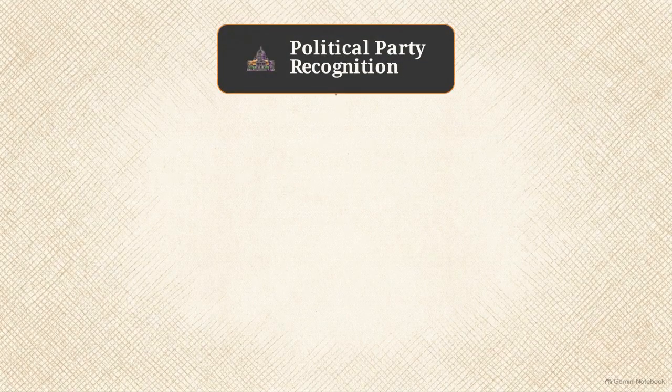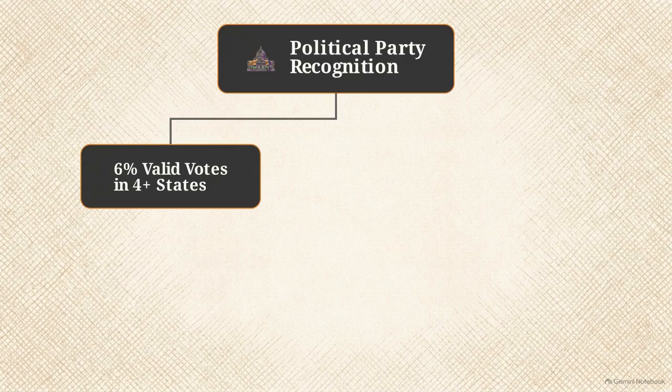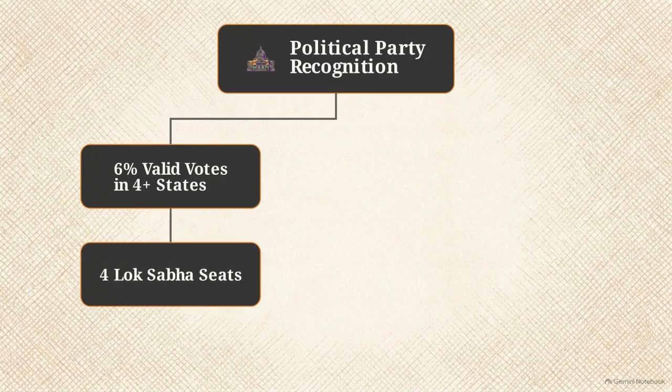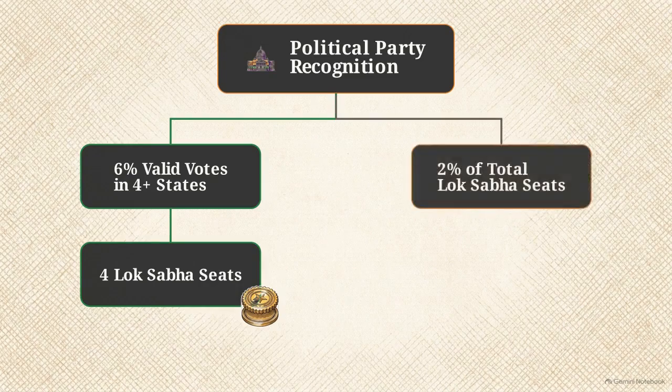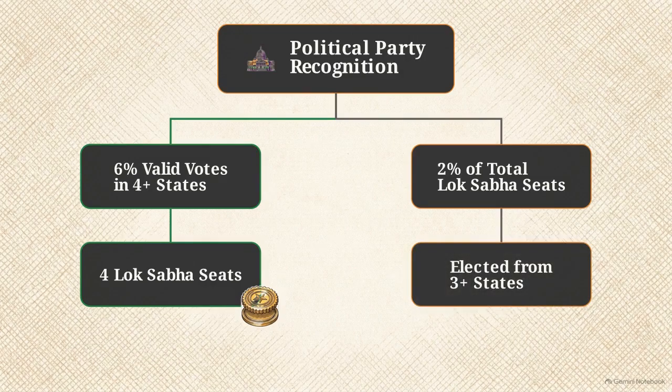The primary threshold to become a recognized national party requires securing 6% of valid votes across at least 4 states, plus winning a minimum of 4 Lok Sabha seats. There is an alternative pathway. A party can also qualify by winning 2% of the total Lok Sabha seats, provided those candidates are elected from at least 3 different states. Political capital here is measured purely in verified data.